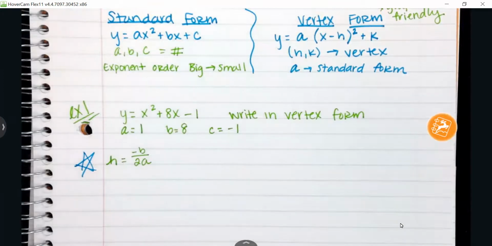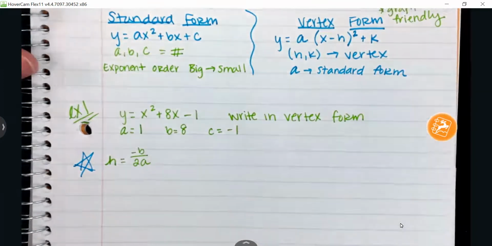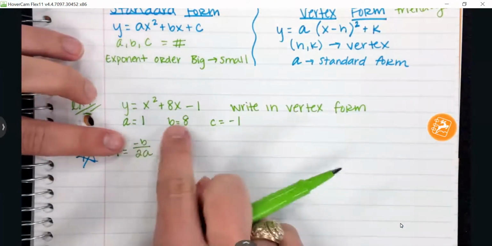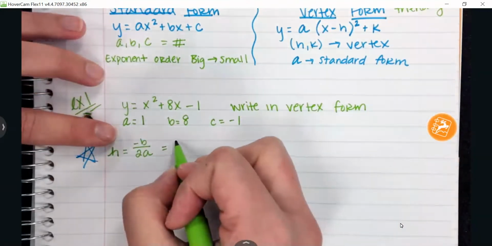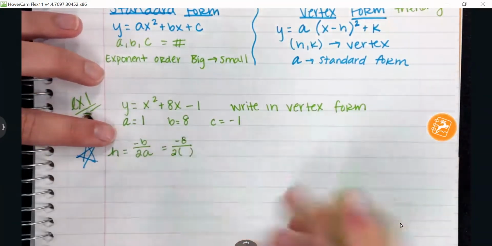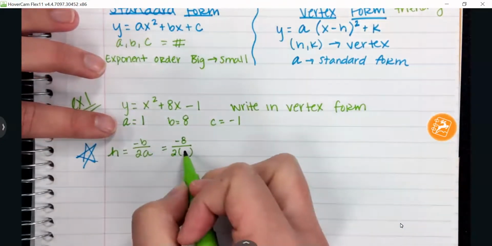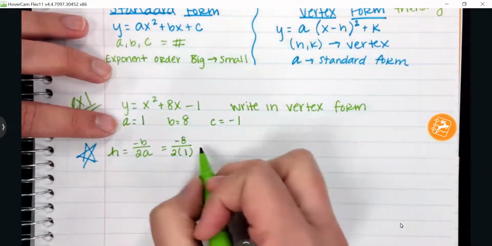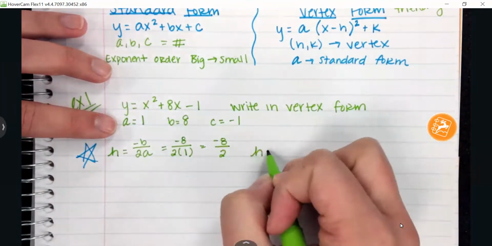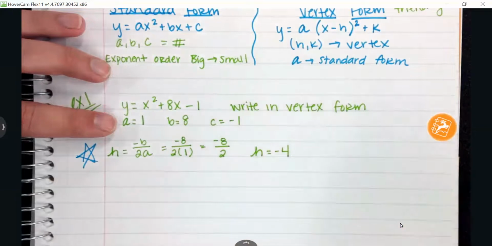It is always negative B over 2A every single time, okay? So if I have negative B, B is 8, so I have negative 8 over 2 times A, and A was 1. So I have negative 8 over 2, so what does H equal? Negative 4.